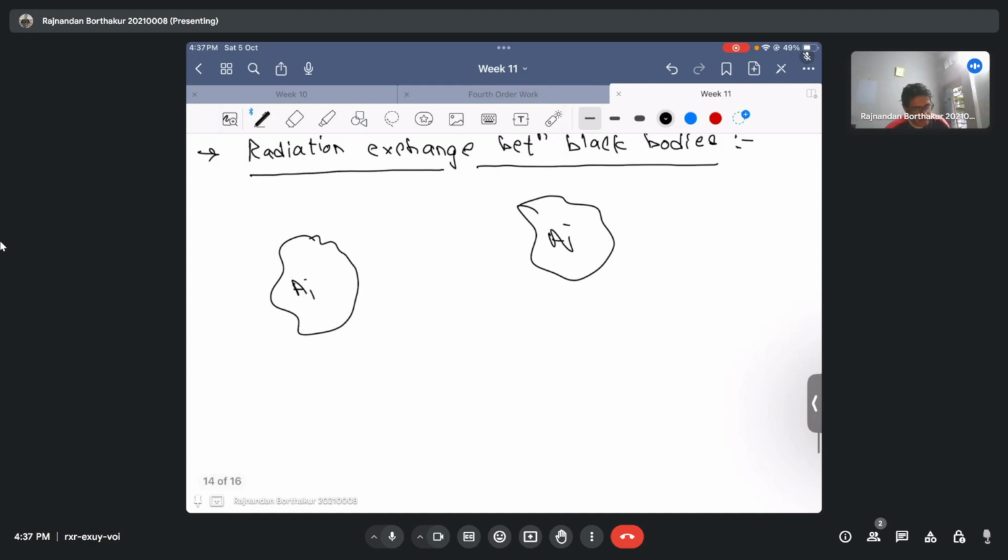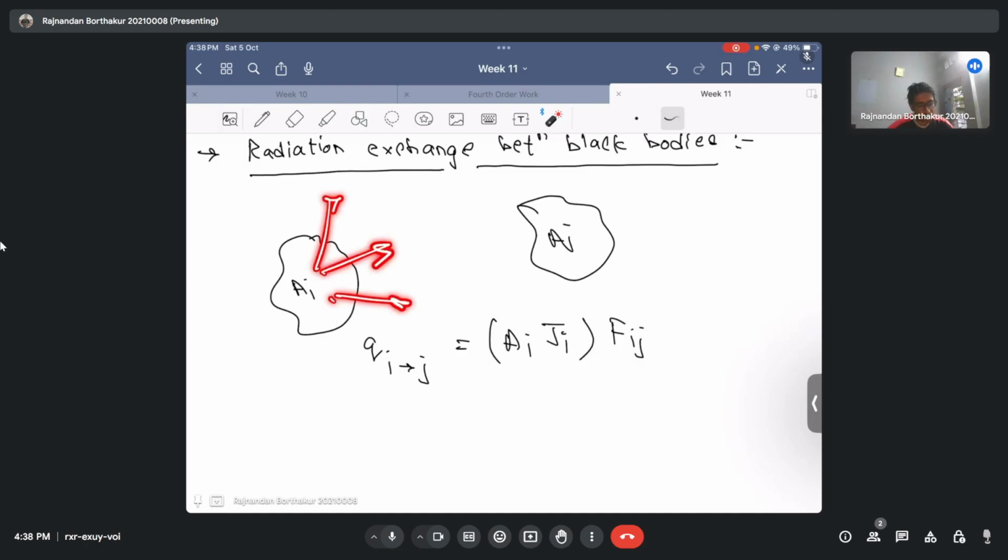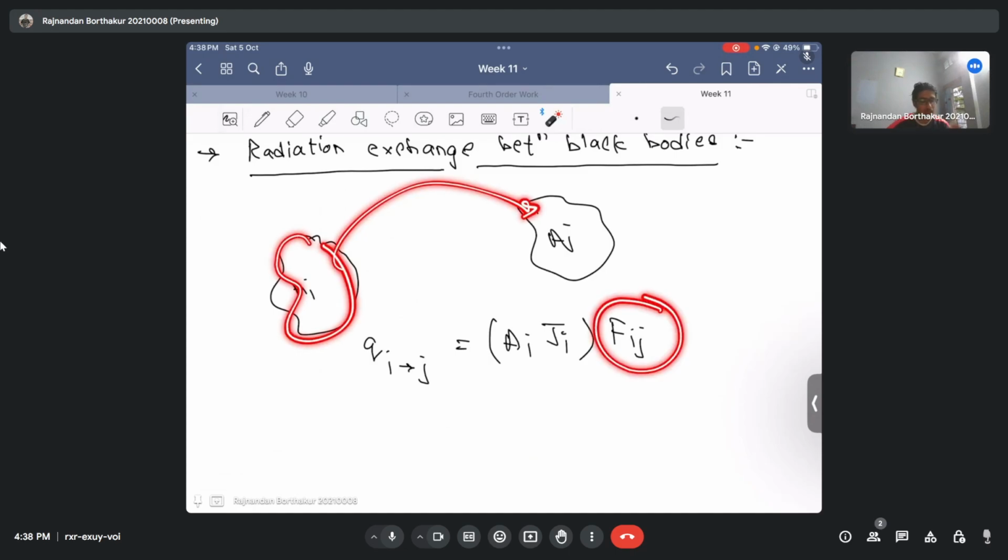If I ask what is the radiant energy leaving surface I and intercepted by surface J, you can say it is AI times its radiosity JI multiplied by Fij. Because AI is a diffuse body, it emits in all possible directions, so to calculate the amount intercepted by J, you need to multiply by Fij.